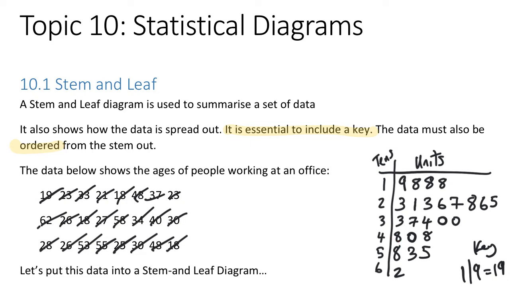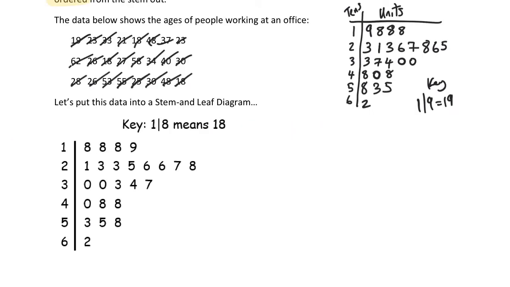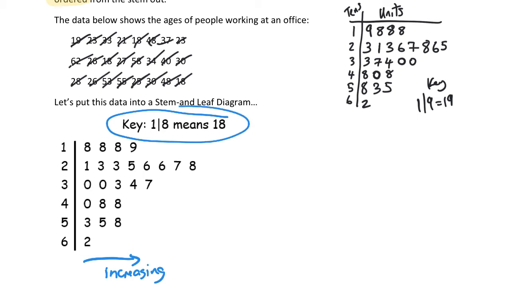Jumping down to the 4, it's slightly easier: it's going to be 0, 8, 8, and so on. And what we end up with is a stem and leaf diagram that looks like this one. All the values have been ordered from the stem out, so they're increasing. We've got our key, so 1/8 means 18.